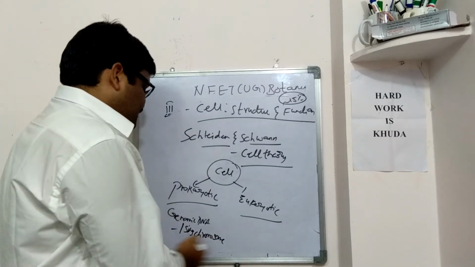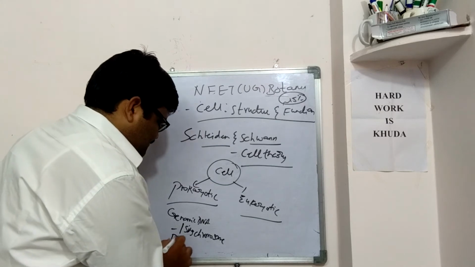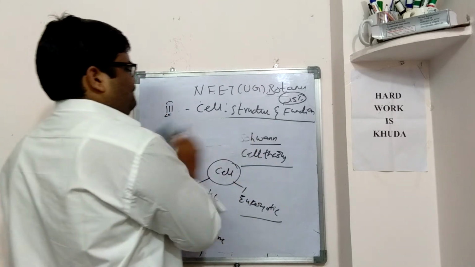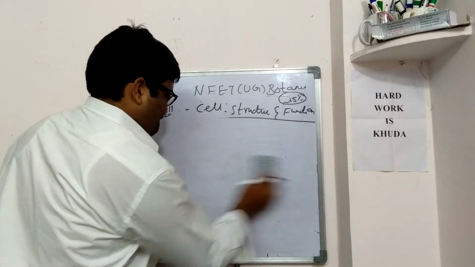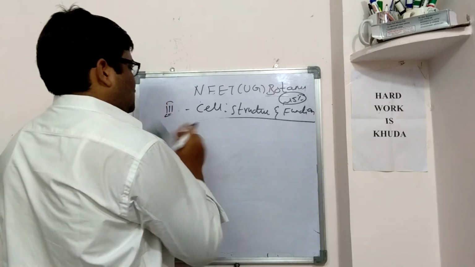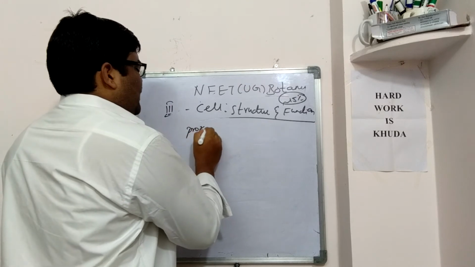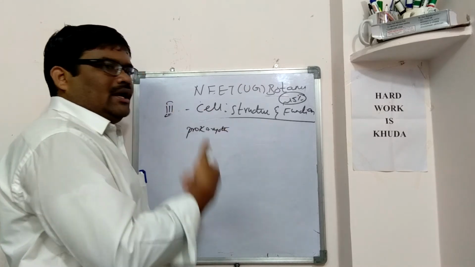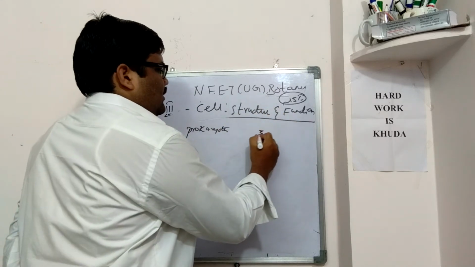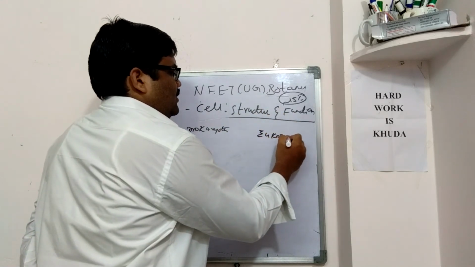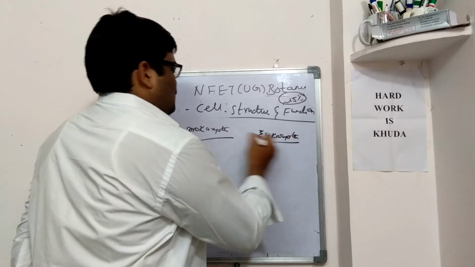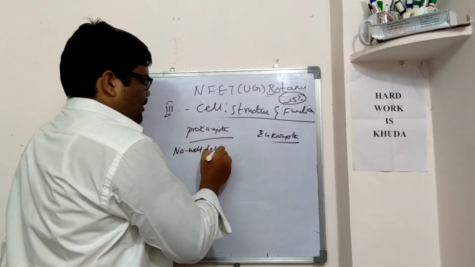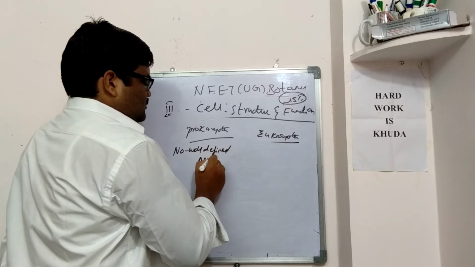Then we have plasmids. For understanding, I'll write like this. In prokaryotes, it is better to analyze the diagrams of prokaryotes and eukaryotes for understanding. In prokaryotes, no well-defined nucleus.